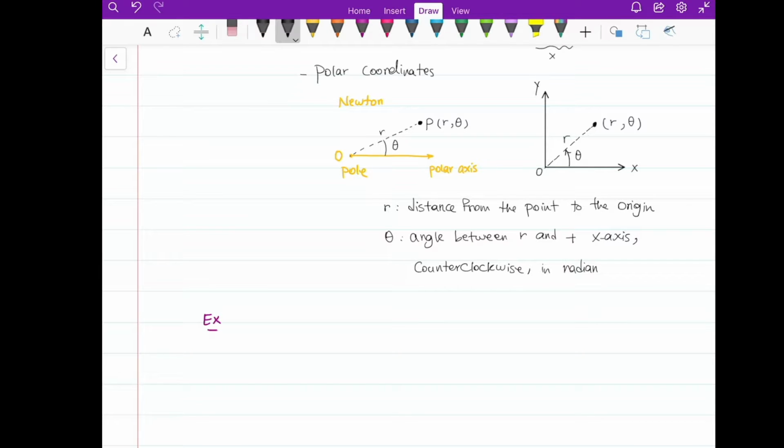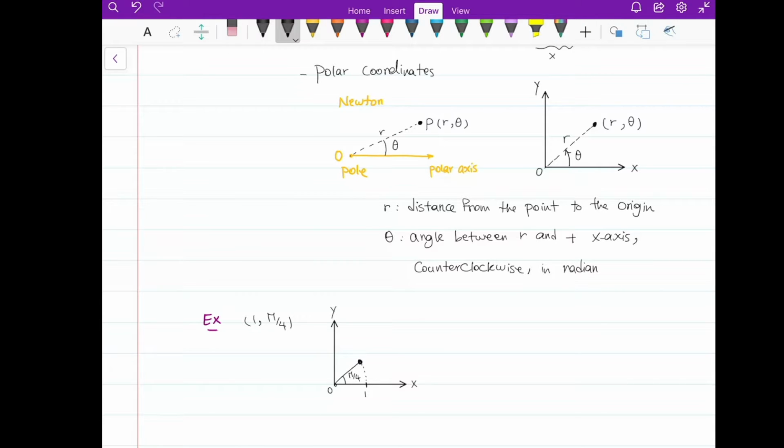For example, I'm going to show the point (1, pi over 4). Since I have a radian here, it is not Cartesian, it would be polar. To show this point, I use the x-axis and y-axis, then 1 would be here, and the angle would be pi over 4, so I'm going to go here.